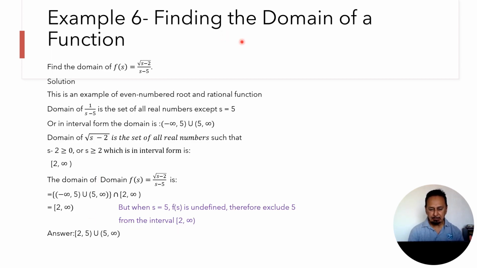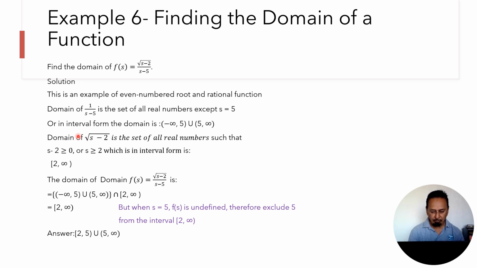Example 6. Let's find the domain of f of s equal to the square root of s minus 2 over s minus 5. Now again, the square root of s minus 2 is an even indexed root and this is a rational function. So we can first find the domain of 1 over s minus 5, which is the set of all real numbers except s equal to 5.